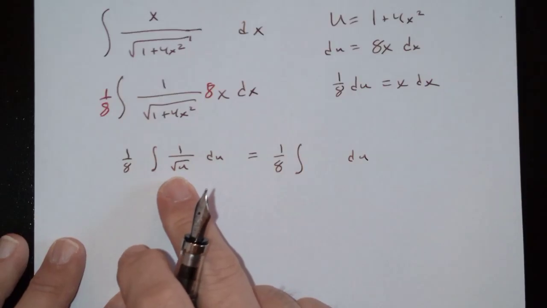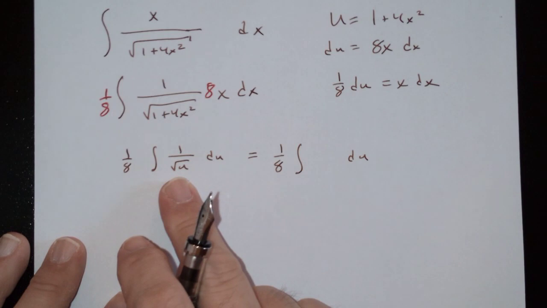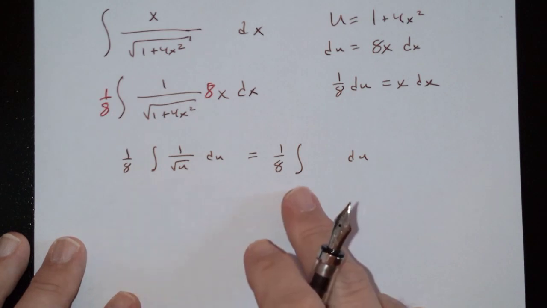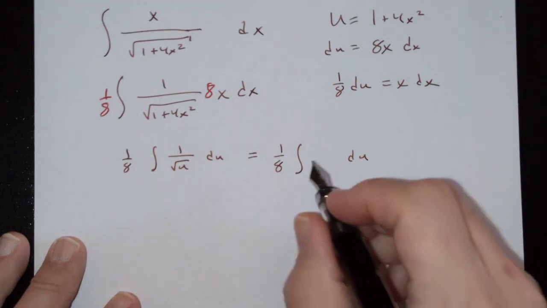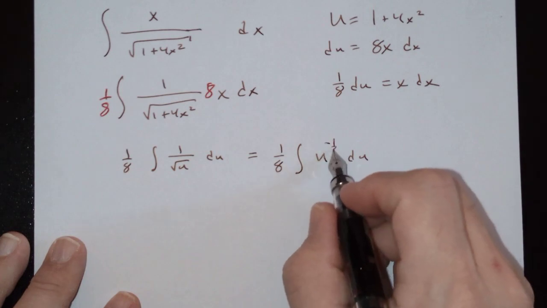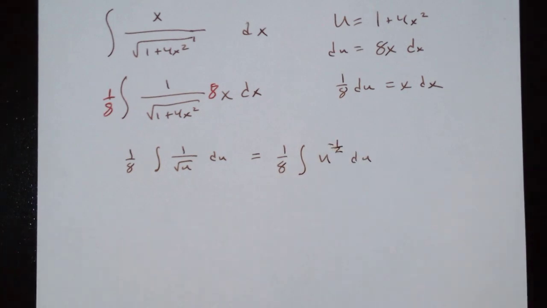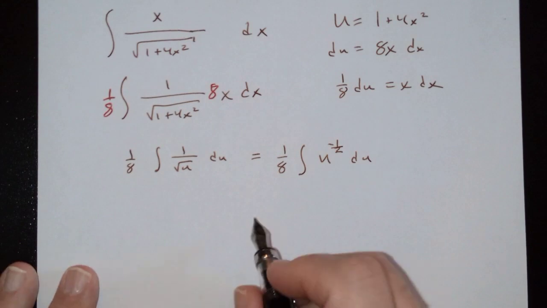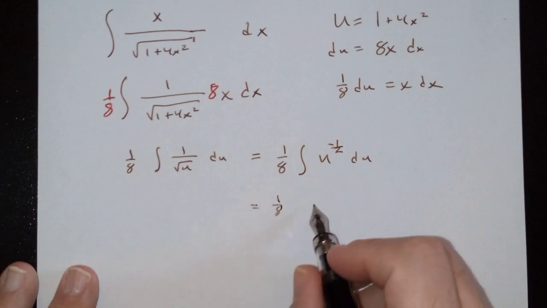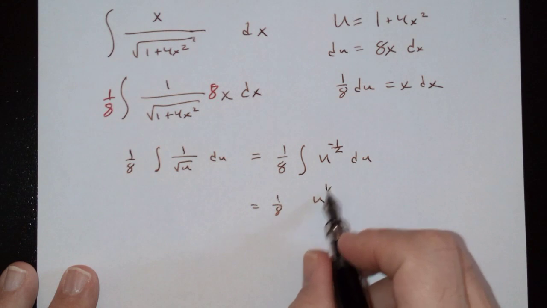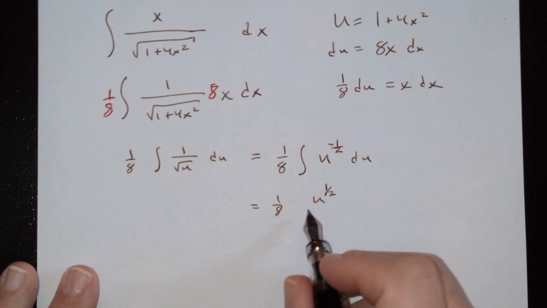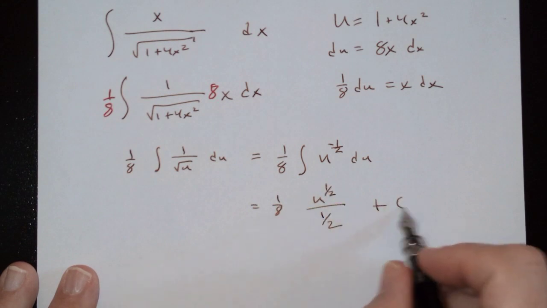I need to rewrite that in a way I can figure out what its antiderivative is. How do I rewrite it? Exactly. And now I can take the antiderivative: add 1 to the power, negative 1/2 plus 1 is positive 1/2, and divide by that new power.